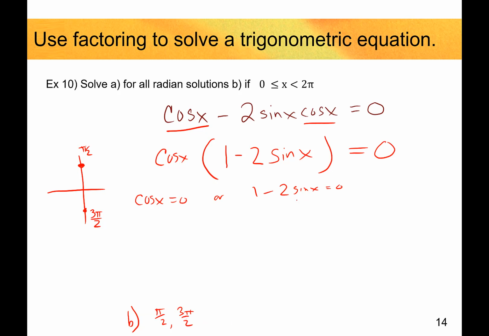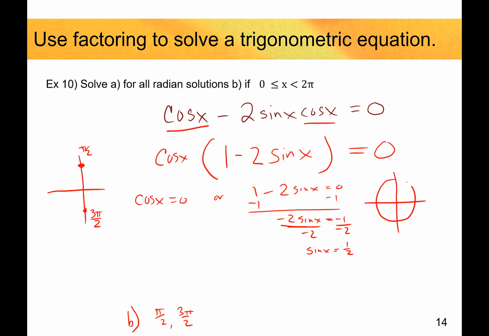Okay, let's come over here now. Let's subtract 1 from both sides. Divide through by negative 2. And we get ourselves sine of x is equal to 1/2. So now we're looking at our chart, and this is where you want to use your unit circle chart.